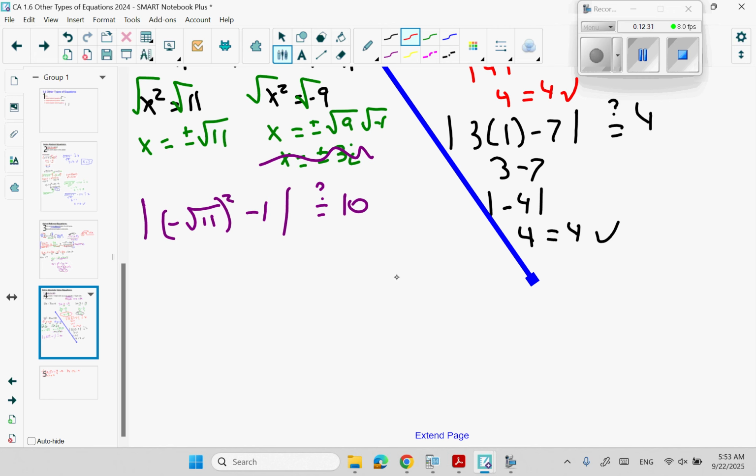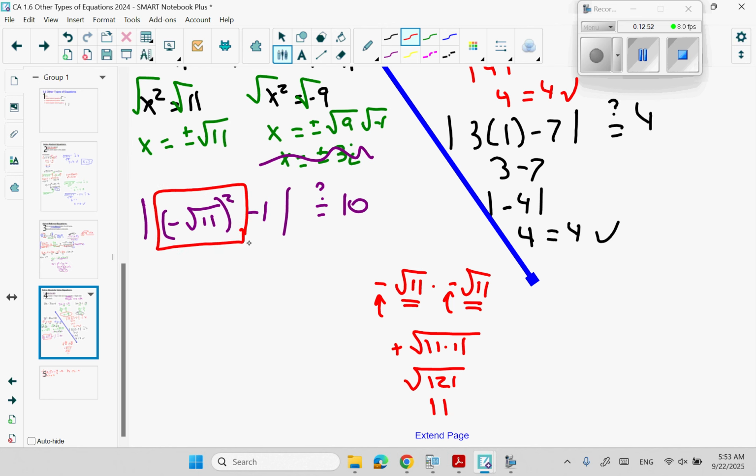That sounds kind of silly, but let's think about it. Negative times a negative means this has to be a positive value. And anytime I have square roots, I can multiply the insides. So 11 times 11 gives me positive square root of 121, which is 11. So this whole thing is just 11.